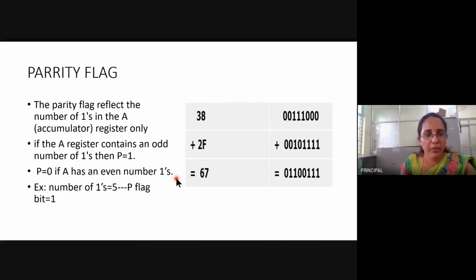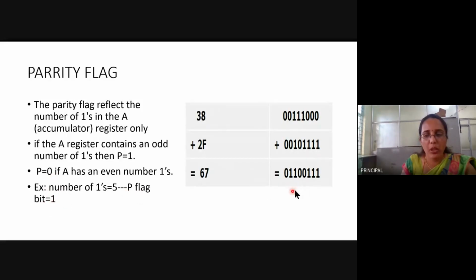Now the parity flag. Here you are adding 38 plus 2F and the result is 67. There are 5 ones in the result. This result will be in the accumulator. We need to see how many ones are in the accumulator. If it is odd, then the parity flag bit will be 1, otherwise it is 0.